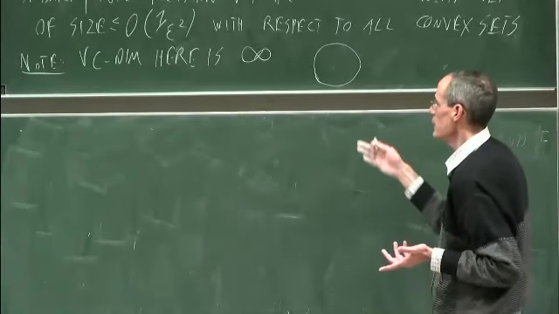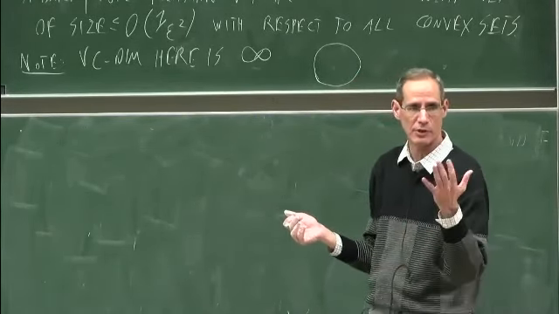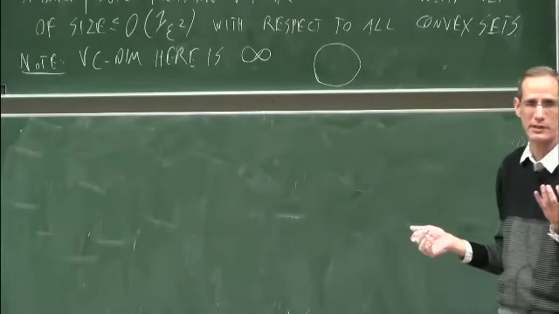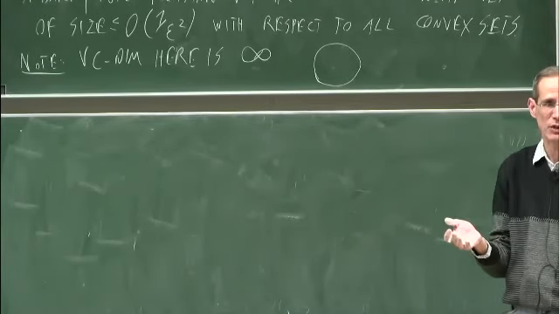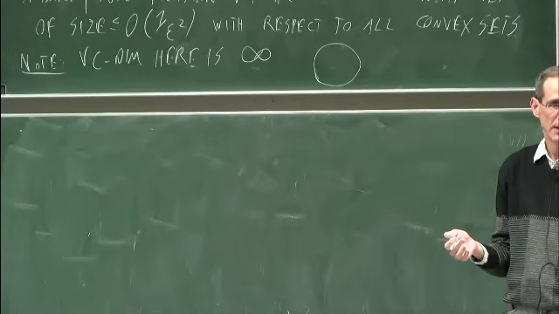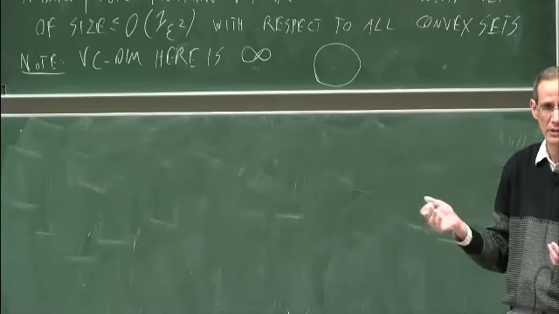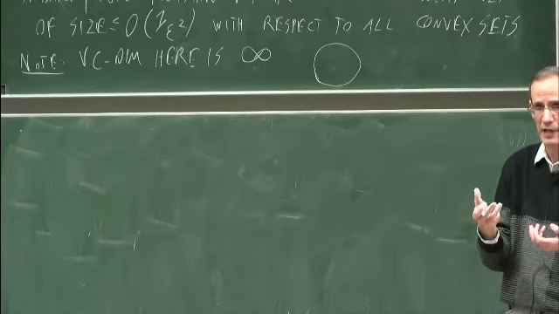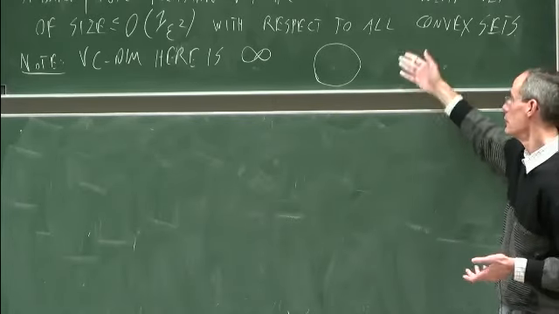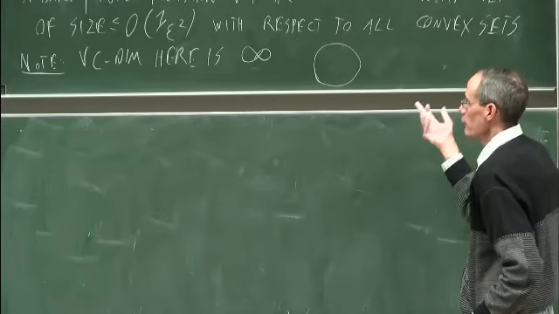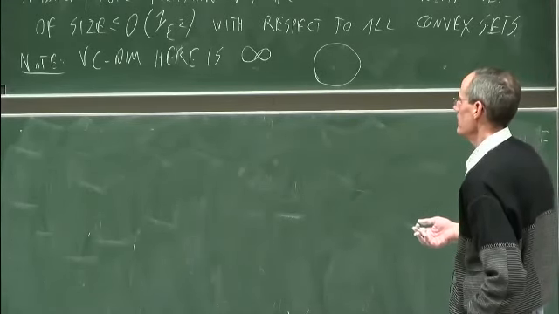And if the VC dimension is big, then there are no small epsilon nets, because whenever you take a set that is shattered, you have to take almost all of it, 1 minus epsilon of it, to get an epsilon net, because every subset of epsilon of the points will have to be captured. So weak nets give you more freedom, and therefore it will be harder to prove a lower bound for them.